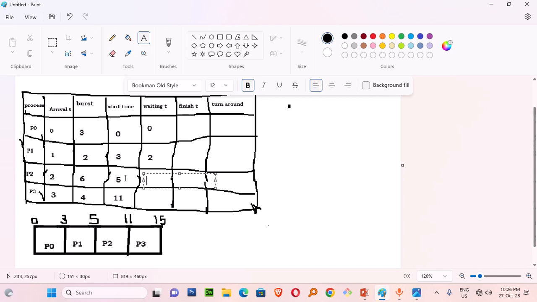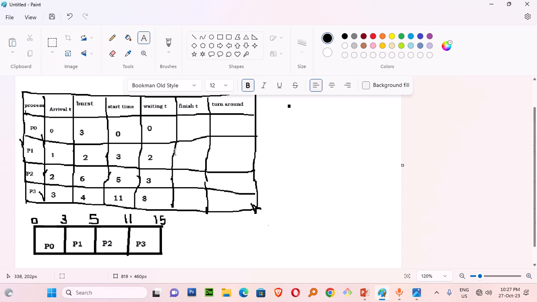So this one will be 5 minus 2, which is equal to 3. Then we go to process number 3 as the last. The starting time was 11 and the arrival time was 3. So 11 minus 3 is equal to 8.